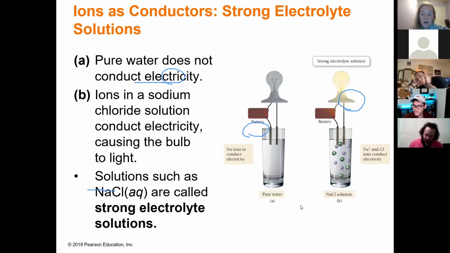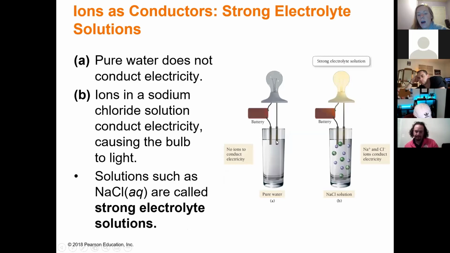Why do we call them strong electrolyte solutions? Well, if I take a light bulb and connect it to a battery, but I don't have a complete circuit, and instead I take these two cathodes and stick them in a container of water, if it's pure water, the light bulb won't run because there's nothing for the current to transfer over. There's no bridge or connection.